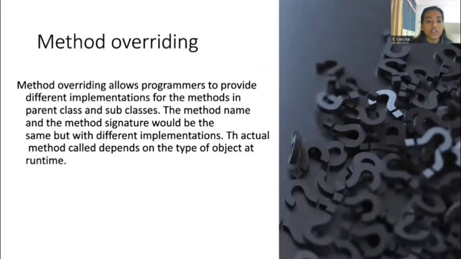Method overriding allows programmers to provide different implementations for the methods in parent class and subclass. The method name and the method signature would be the same but with different implementations. The actual method call depends on the type of the object at runtime.